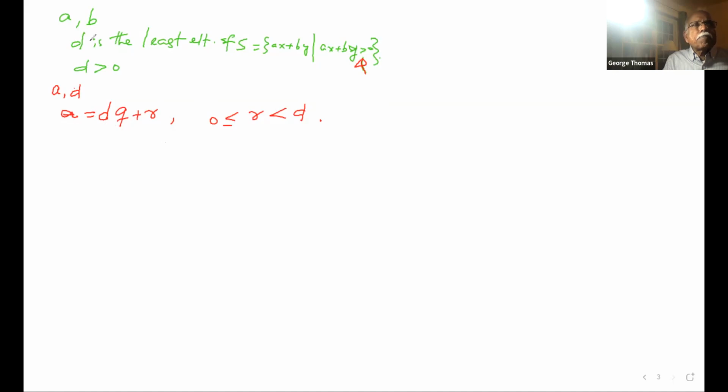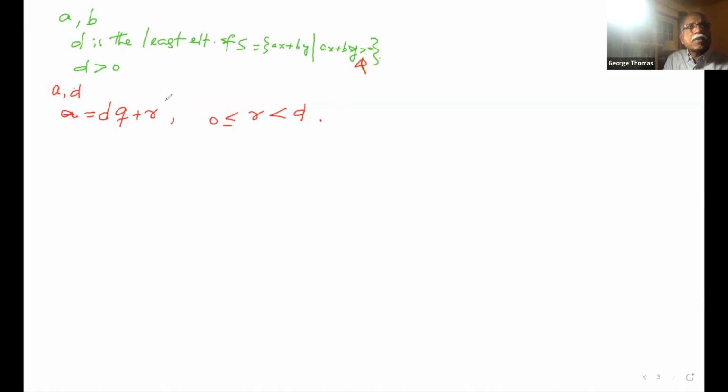If you have an A and a B, and B is bigger than 0, then we have A equals BQ plus R. Here, instead of B, you use D. Sure, but why did you write A equals DQ plus R? You will see shortly why I wrote it like that. The question is, is this allowed?